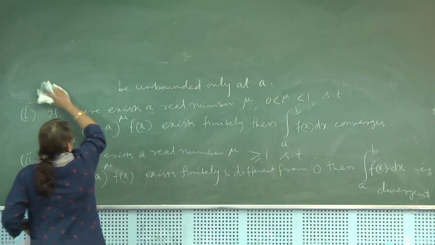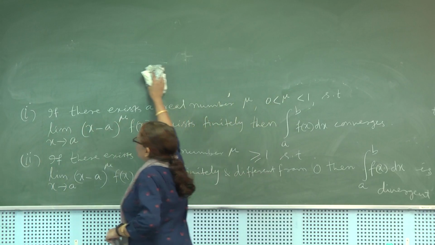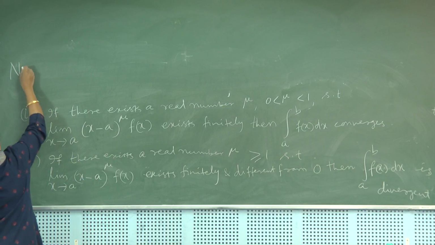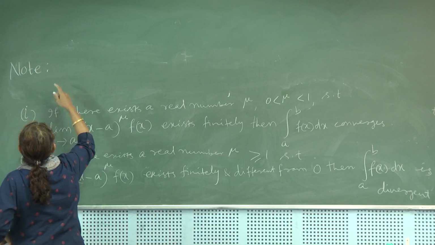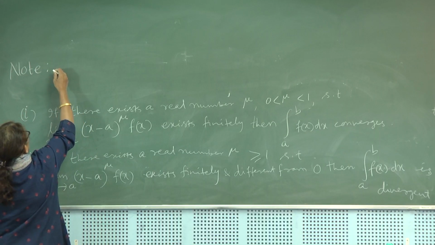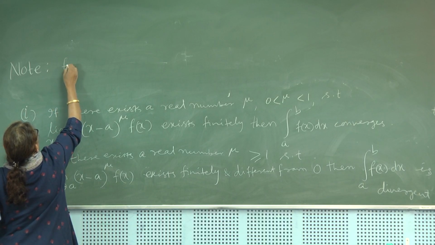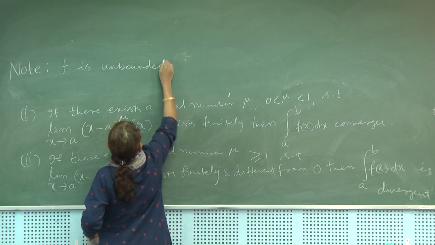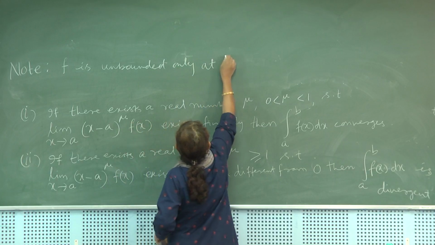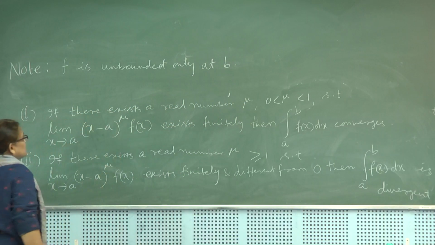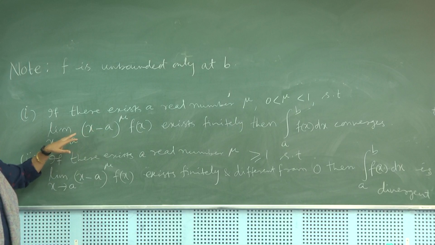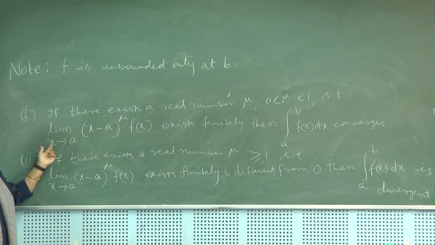Well, the changes we have are the following. Suppose here the function f is unbounded only at b. Then all these things are same, the only change is that this limit should be x tending to b.